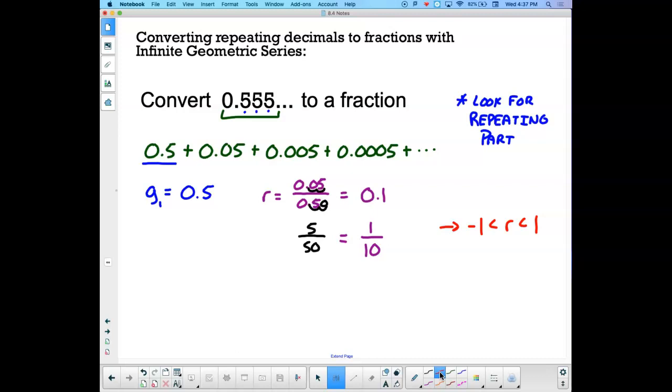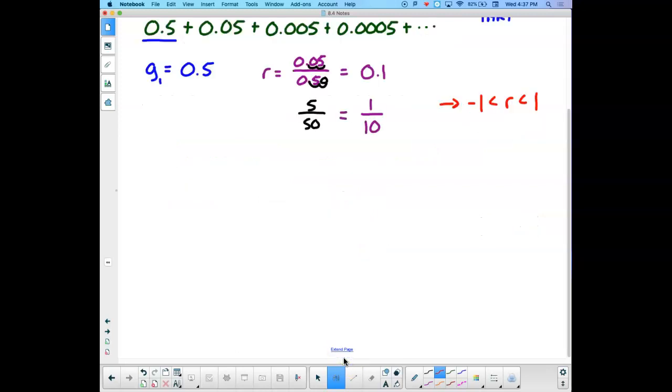So the sum of the infinite geometric series that includes these numbers would be my first term, which is 0.5, 1/2, if you will, because we want to go into fraction form.